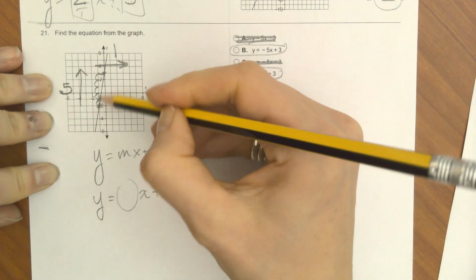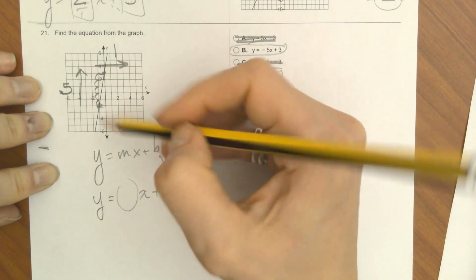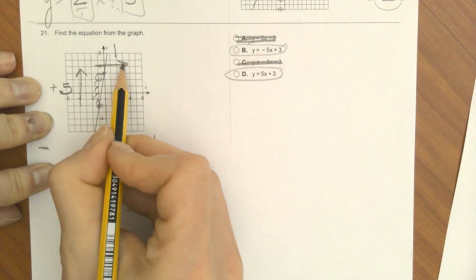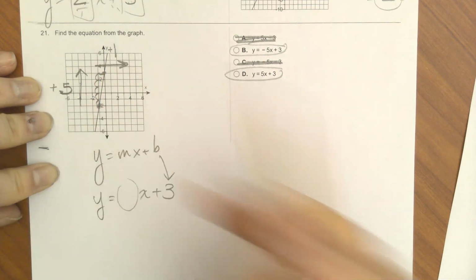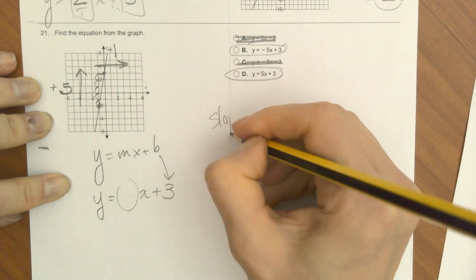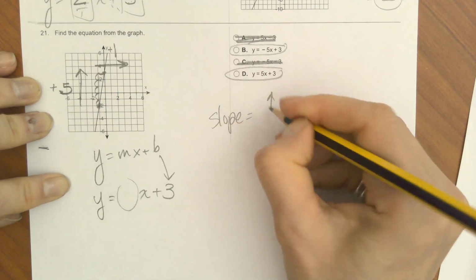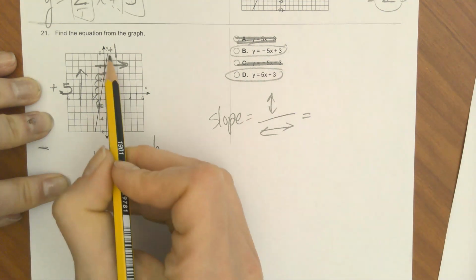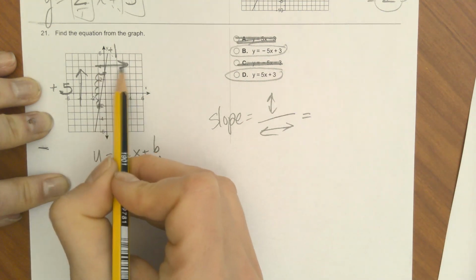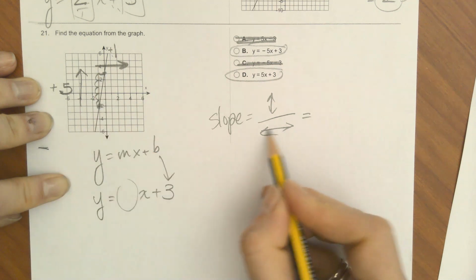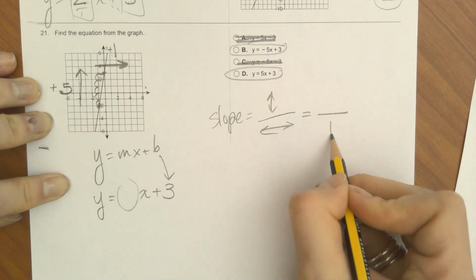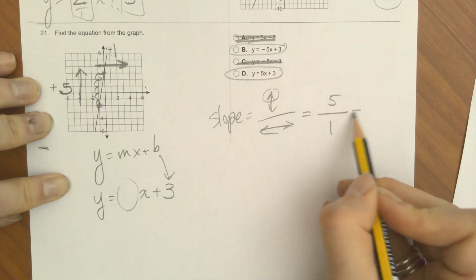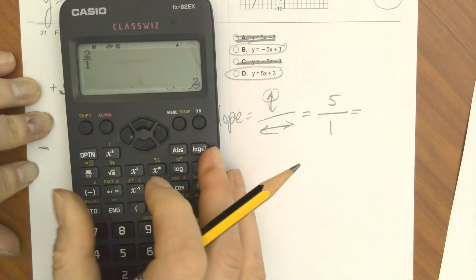So up, is up positive or negative? Yeah, up is positive. And is right positive or negative? Yeah, it's positive. So my slope is equal to the number about up and down on the top and left and right on the bottom. Here we have 1, that's right. Left and right is on the bottom, so the 1 goes down here, and up 5. Let's see if we can make it more simple.